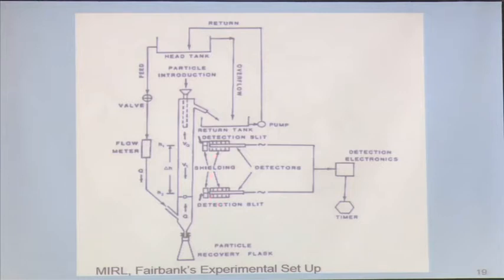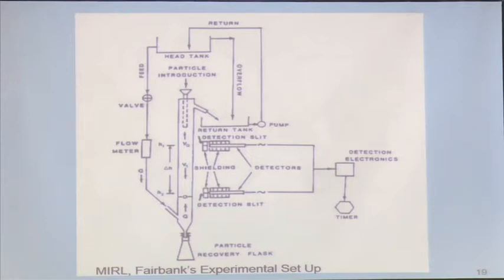So, that means the distance between them is fixed, and the particle is being fed from here. To avoid initial disturbances, he has put the first detector here, the next one there, and as I said, this distance is fixed. A high density particle will be travelling very fast. So, to reduce that velocity, he had an upward rising velocity of water.